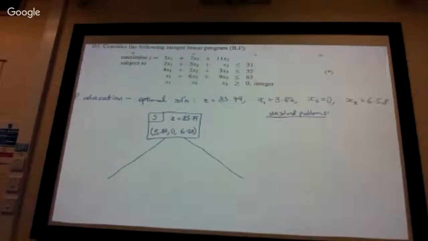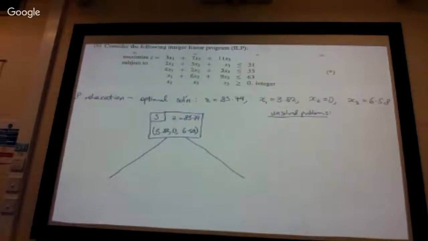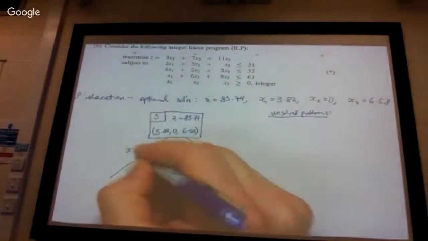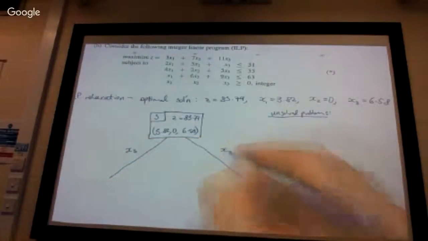Keep a list of unsolved problems. So how do you want to branch? Branch on X3. Is that what I did? It doesn't really matter. So what are the two branches?